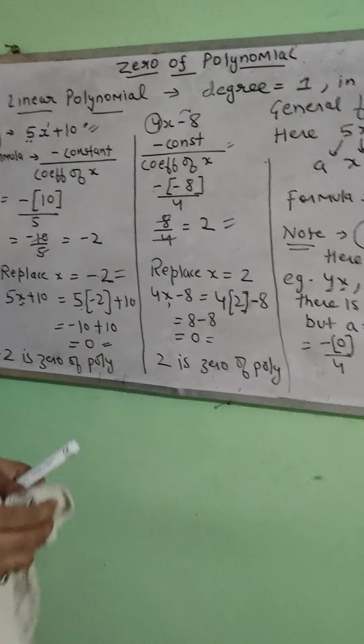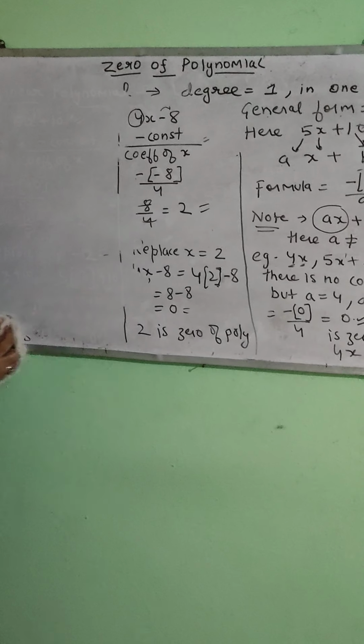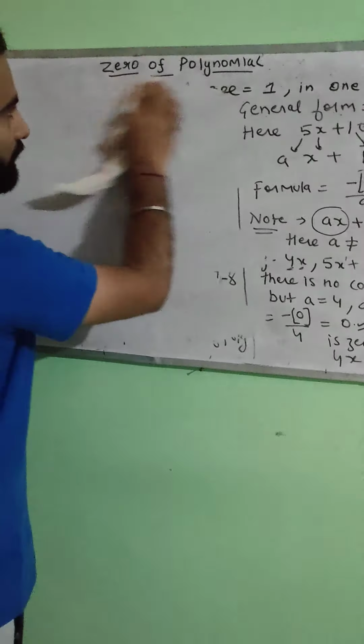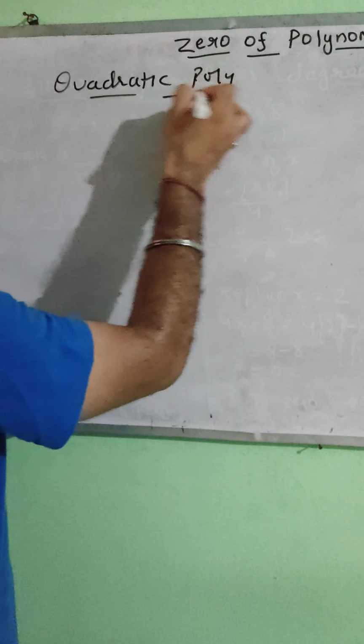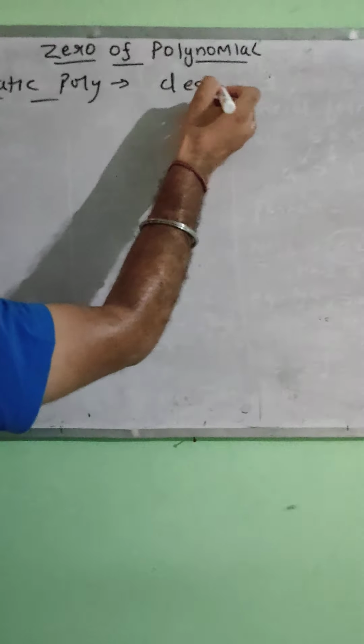So let us come to the second, that is the quadratic polynomial. Now what is a quadratic polynomial? You all know very well, quadratic means it has degree 2. Let's see the general form of a quadratic polynomial.